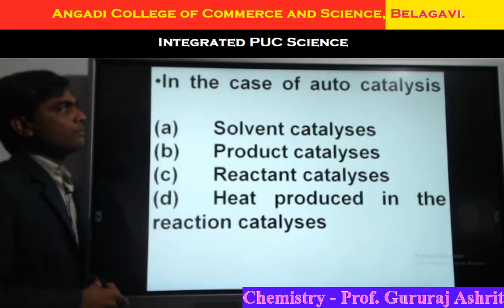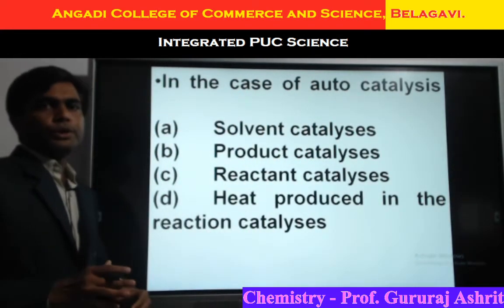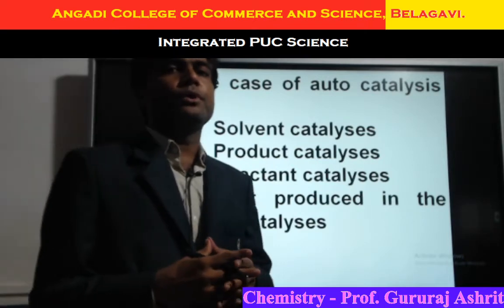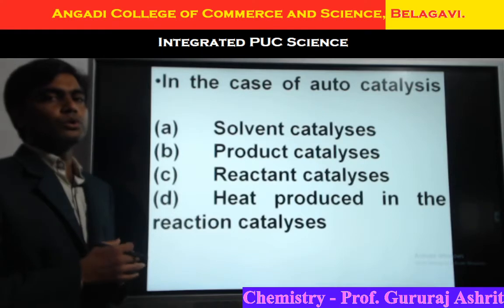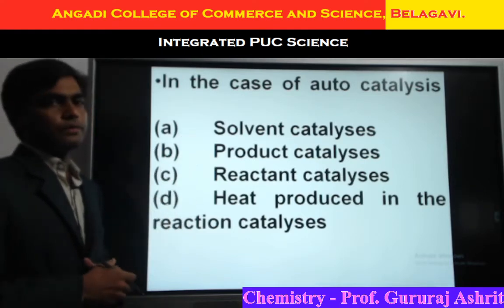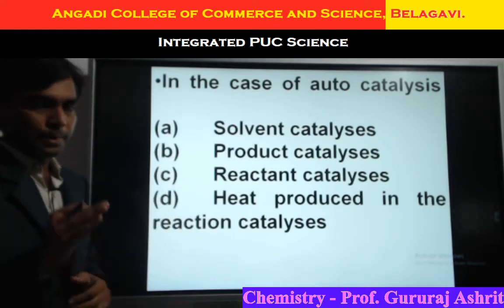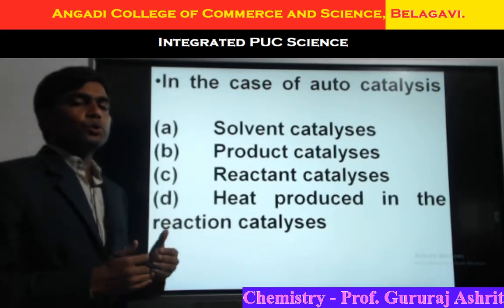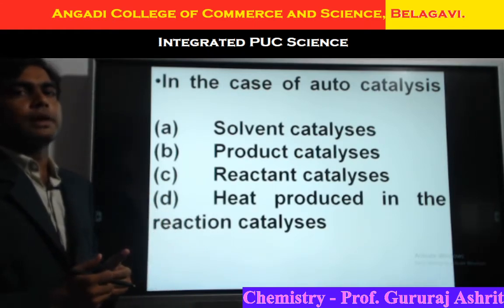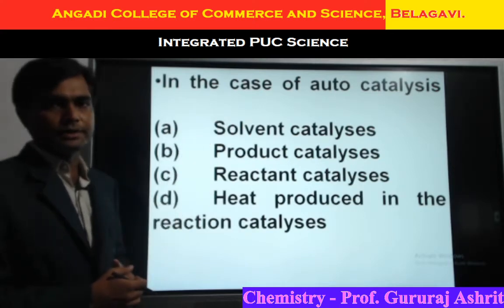In the case of autocatalysis, we know that there are a few types of catalysis. One is homogeneous catalysis, heterogeneous catalysis, and another one is called autocatalysis. The process in which a catalyst is used to increase or decrease the rate of the reaction is called a catalysis process.